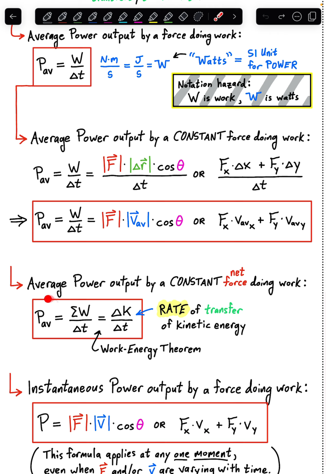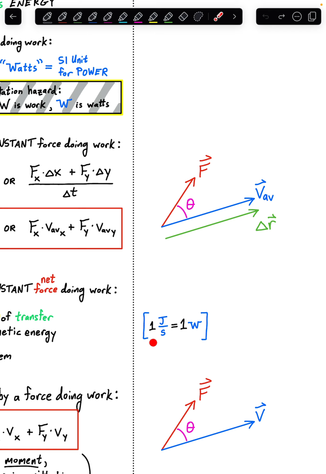And we see that the average power output by a constant net force gives us the rate of transfer of kinetic energy, how rapidly you're adding or removing kinetic energy from the system. So energy over time, once again, 1 joule per second equals 1 watt. Energy over time is power.